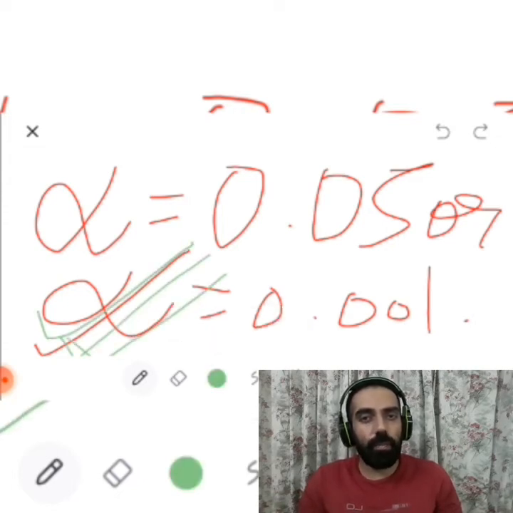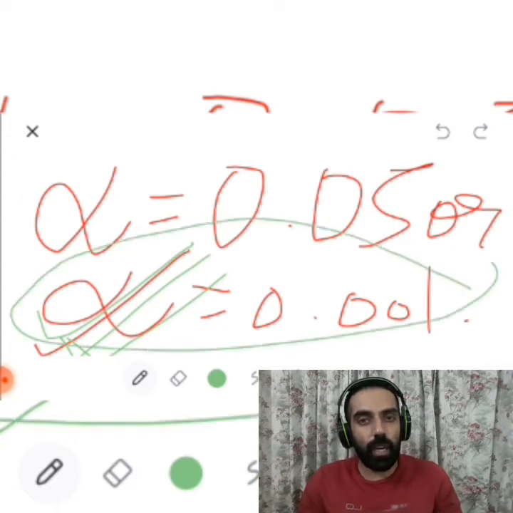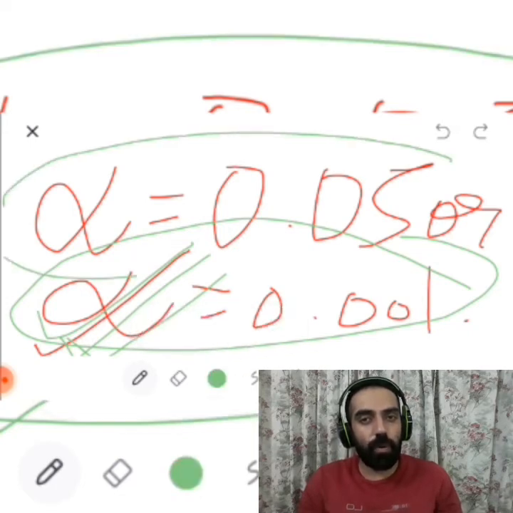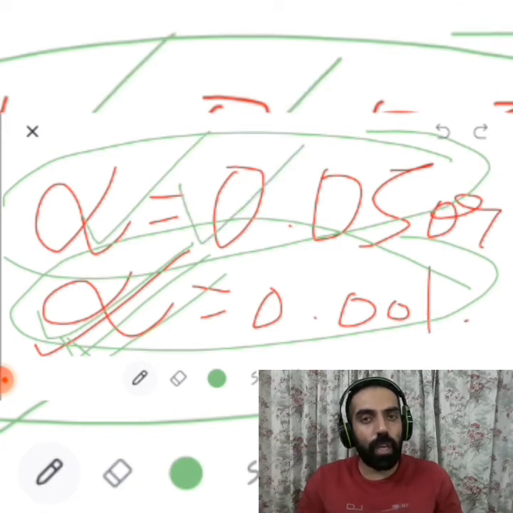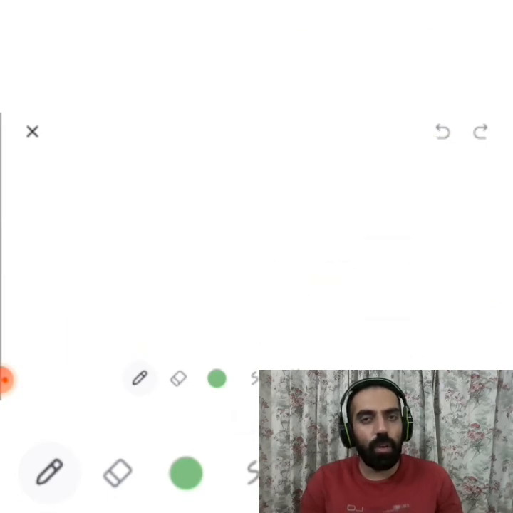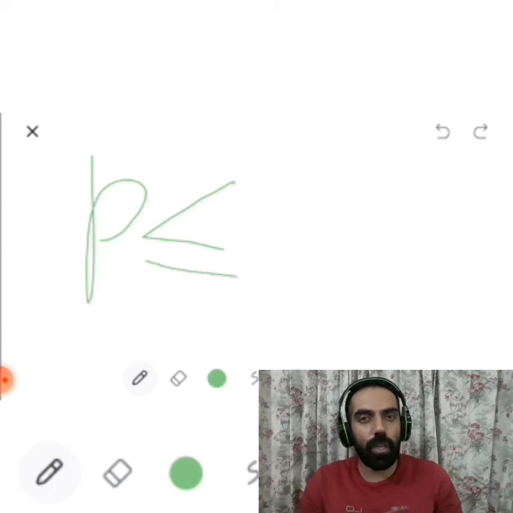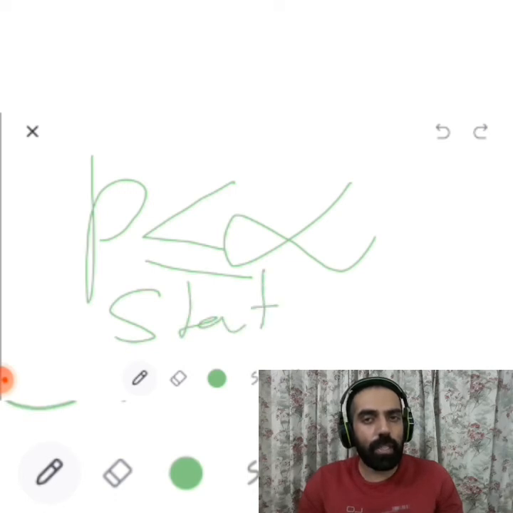For example, if I set an alpha at 0.001, that means I will only agree to dismissing the null hypothesis when the results are highly significant, which means when there is only a 0.1 chance out of 100 of the occurrence of an event, which practically means that there is no chance of any similarity between the means of the sample and that of the population. Whereas setting your alpha at 0.05 means that there are 5 out of 100 chances that there may be no difference between the mean of the sample and the mean of the population.